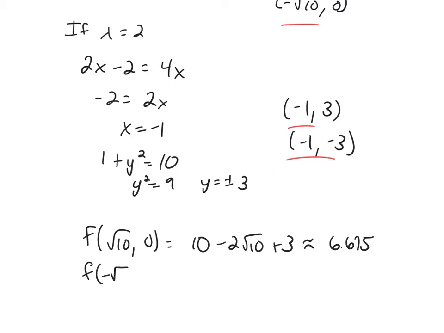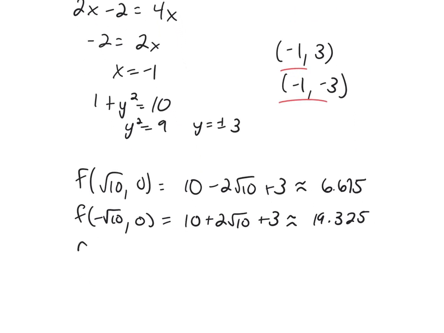If I plug in negative square root of 10, 10 plus 2 square roots of 10 plus 3, this is approximately 19.325.